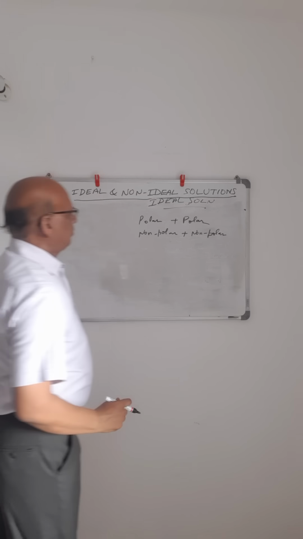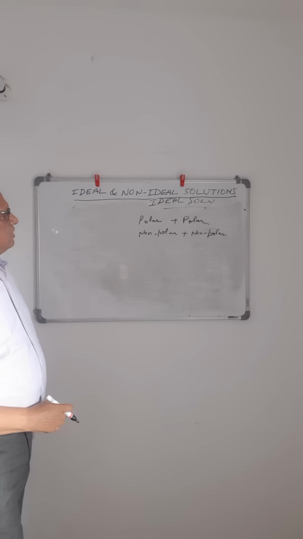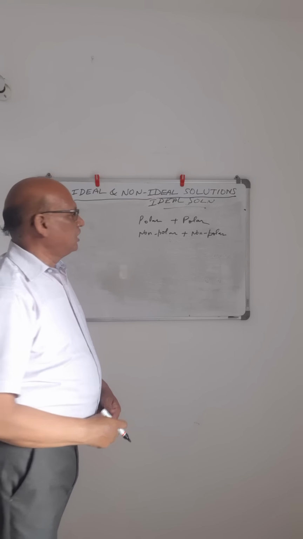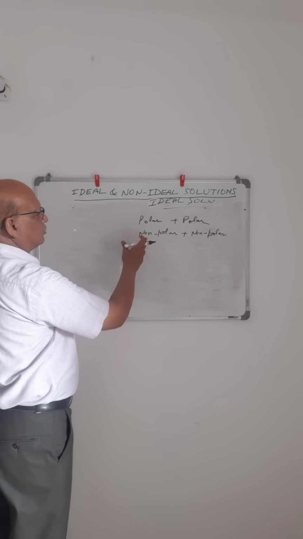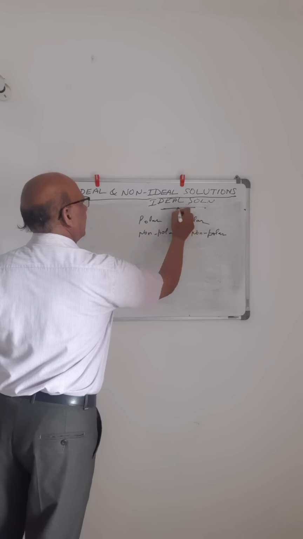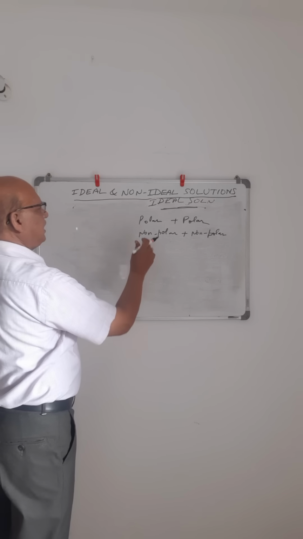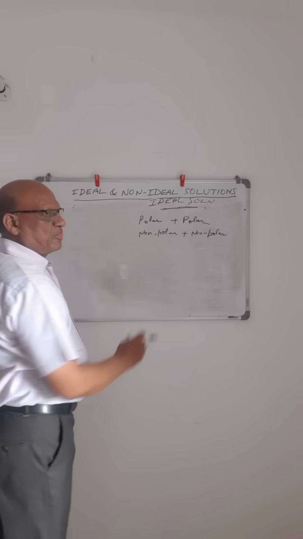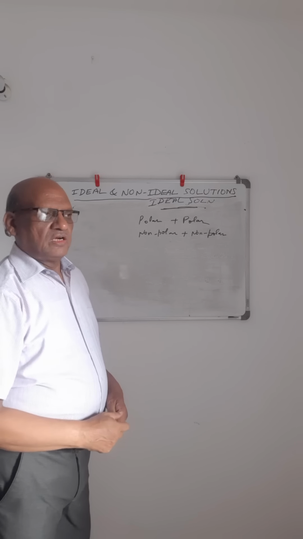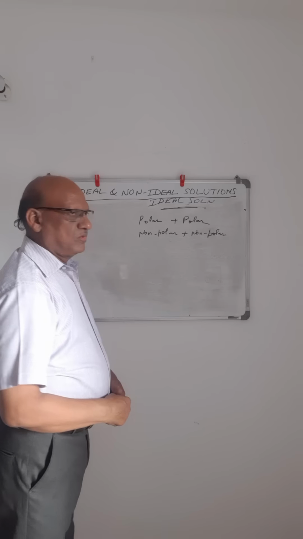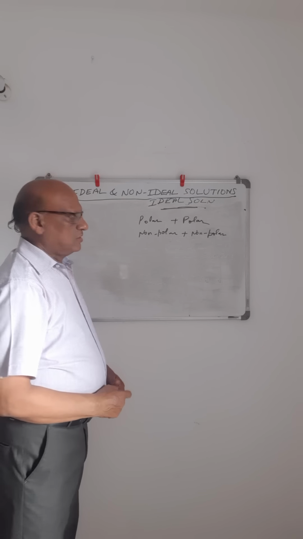Why so? Because the intermolecular forces of attraction need to be identical. Then only this solution will behave as an ideal solution. So if we take one polar and one non-polar, then these molecular interactions will be significantly different and the solution formed will not be an ideal solution.